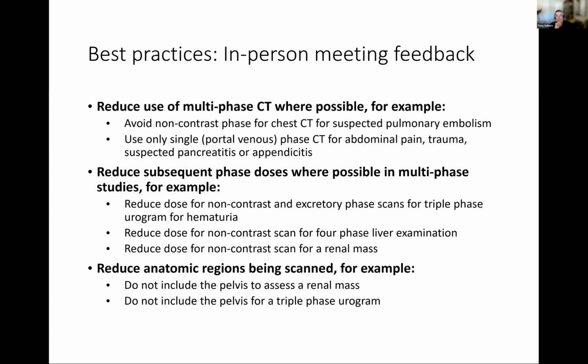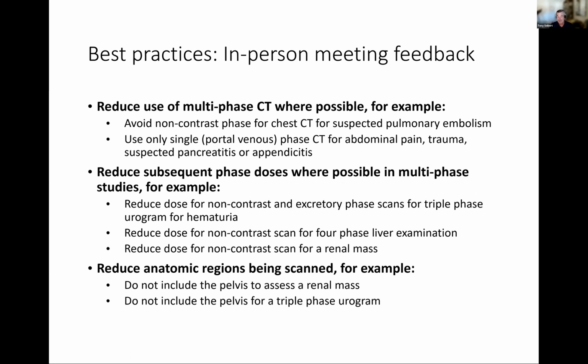In order to maintain radiation dose at a low level without compromising image quality for specific clinical evaluations, suggestions shown in this slide include reduced use of multi-phase CTs, such as avoiding a non-contrast phase for chest CT for suspected pulmonary embolism, and single phase for abdominal pain, trauma, pancreatitis, or appendicitis.